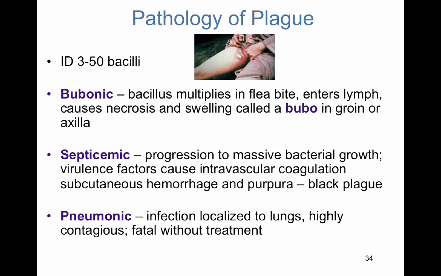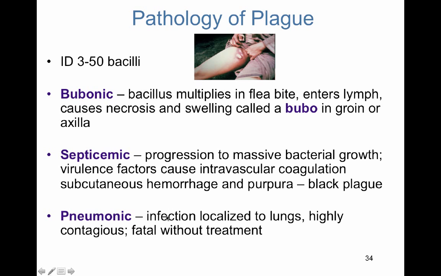Also, in the case of septicemic, so this would be throughout the blood, the virulence factors cause coagulation, and if you've heard of another common name, the Black Plague, so this is from a blood infection of Yersinia pestis that causes subcutaneous hemorrhaging. And then we have pneumonic, again, human to human.